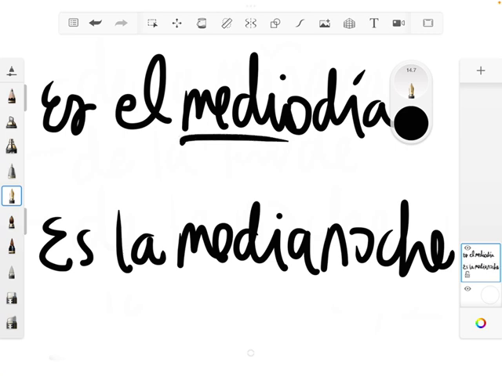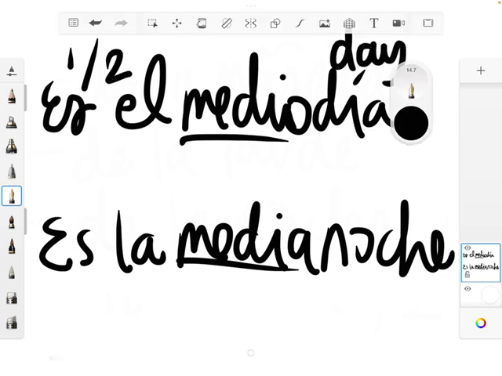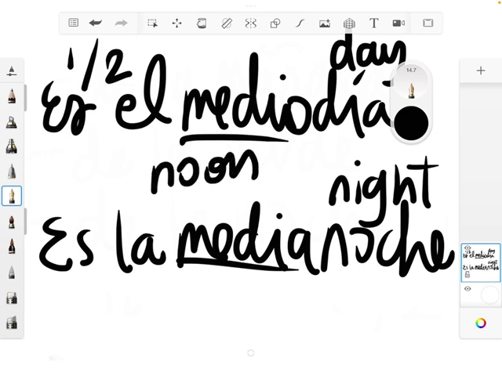So media, just like we talked about, like 3:30, so the half hour. This means 1/2. Día is a word for day, and noche is a word for night. So if you have mediodía, half day, that's noon. If you have medianoche, the middle of the night, that's midnight.